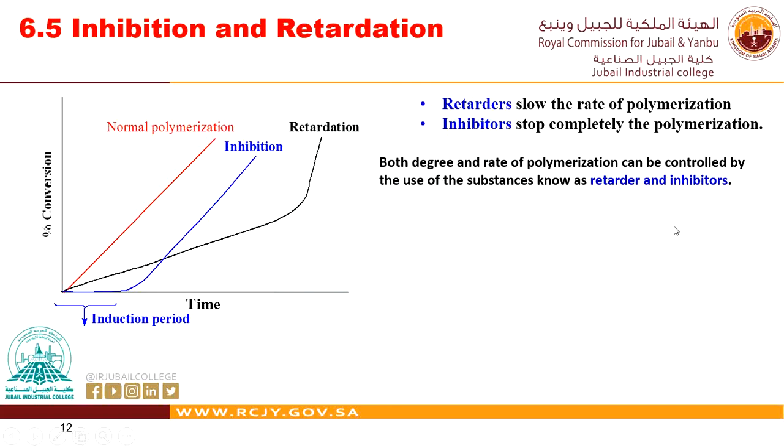These processes are very important when you want to stop polymerization, because polymerization is only beneficial when it happens in a reactor. If you are conveying a monomer in a pipe into a reactor and polymerization takes place at that point, it will lead to a solid, and that solid can block the pipe or the valve.